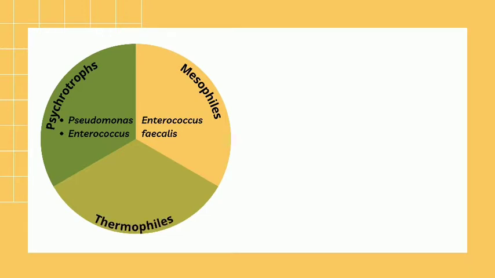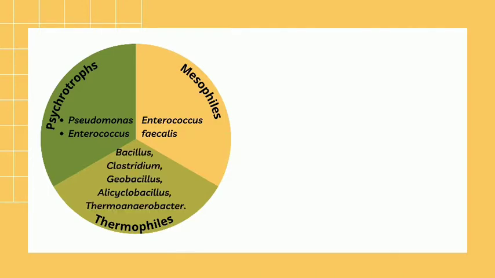Most thermophilic bacteria relevant to food spoilage belong to genera Bacillus, Clostridium, Geobacillus, Alicyclobacillus, Thermoanaerobacter, etc. Though all of these are not equally thermophilic, still they are surely targeted by food microbiologists, particularly in context with the spoilage of canned foods.